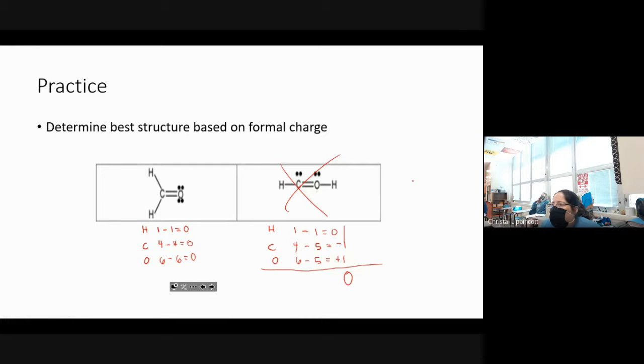We don't want it because, first of all, you can do a structure here where there's no formal charge on anything. And over here, remember, if you've got to have a formal charge, you want a negative value to be on the most electronegative element. Oxygen is more electronegative than carbon.